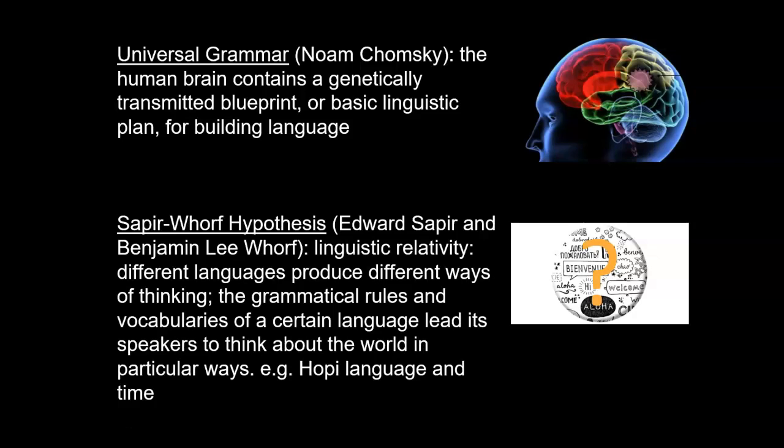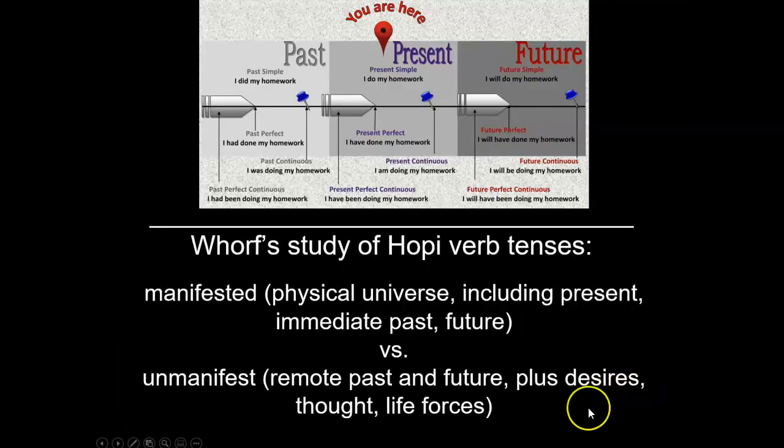So this goes directly to the study of Hopi language by Whorf that you read a bit about. So it's part of what inspired Whorf to contribute to that notion of linguistic relativity, right? So that timeline approach to time, right? Past, present, future, moving along unidirectionally in a straight line.